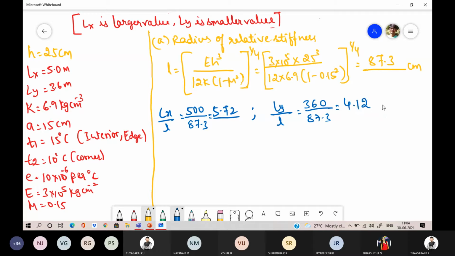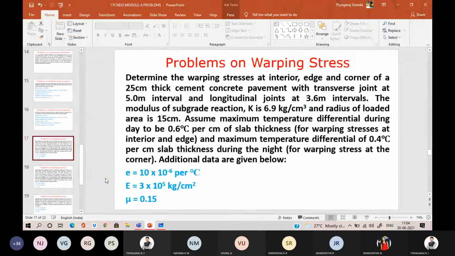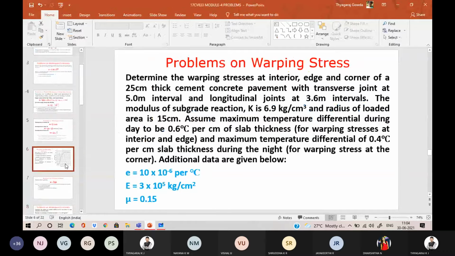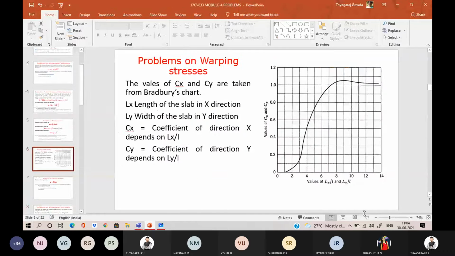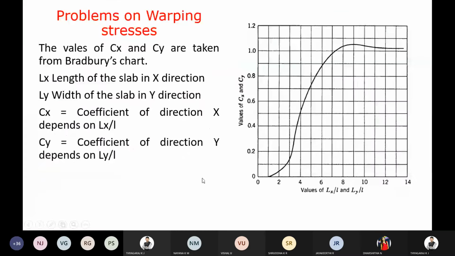Now we will go for Bradbury coefficients. We require this Cx and Cy value, so we will go for the curve chart here. This is the chart we have to refer. What is the Lx by L value? 5.72.